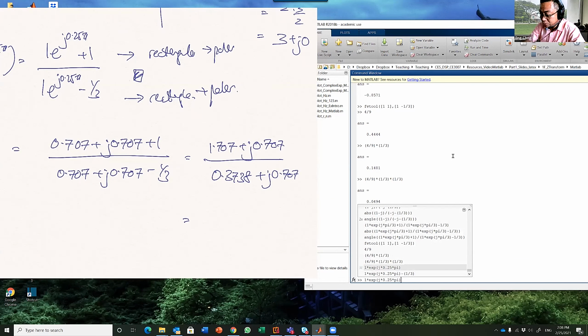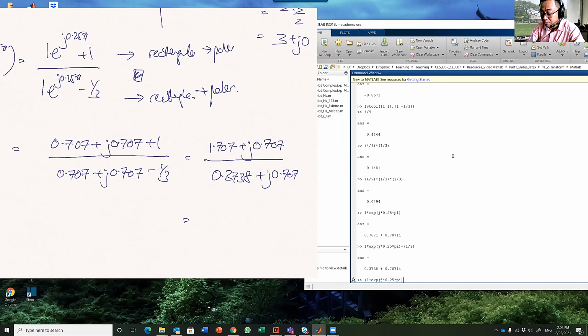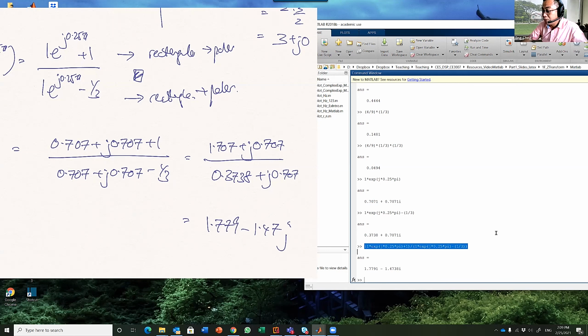I'm just going to do it this way: 1 exponential, the top, divided by 1 times exponential of j times 0.25 times pi minus 1 divided by 3. And then I've got top and bottom and done. Can you see now? I'm not even thinking when I'm doing this. I know that y'all don't have MATLAB, but if you have a calculator that can do this, it'll save you a lot of pain.